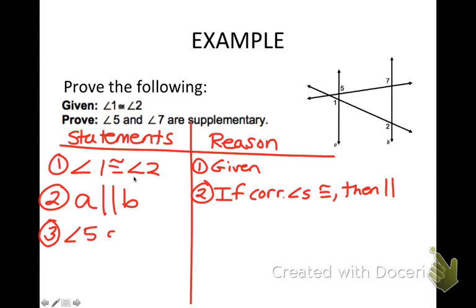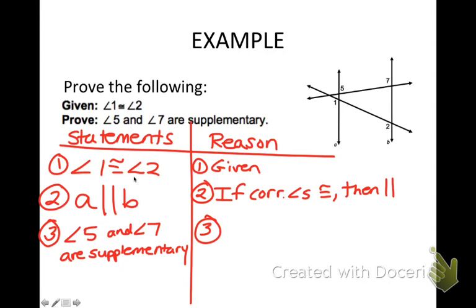Angle 5 and angle 7 are supplementary. Feel free to just write sup. Now all I need to do is get the correct if-then statement over there. So what did we talk about in the previous step?